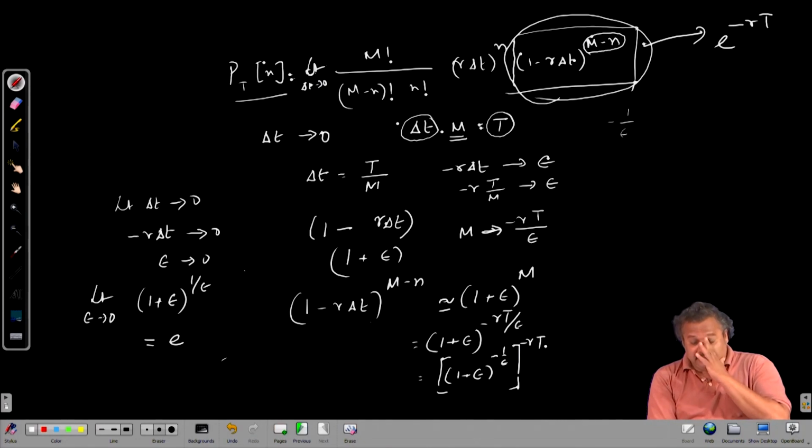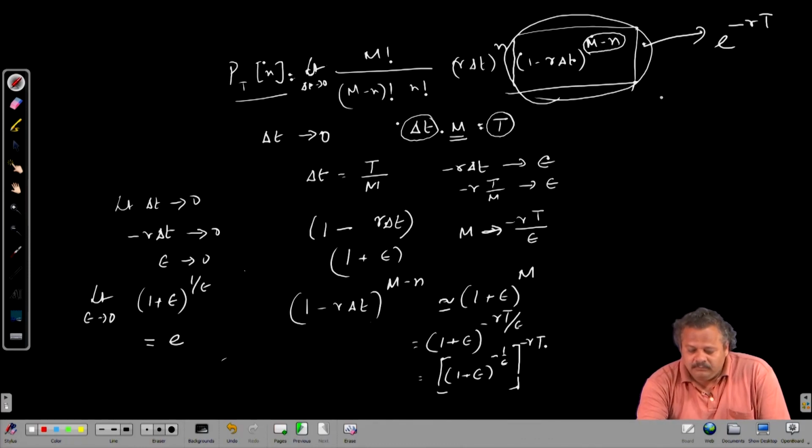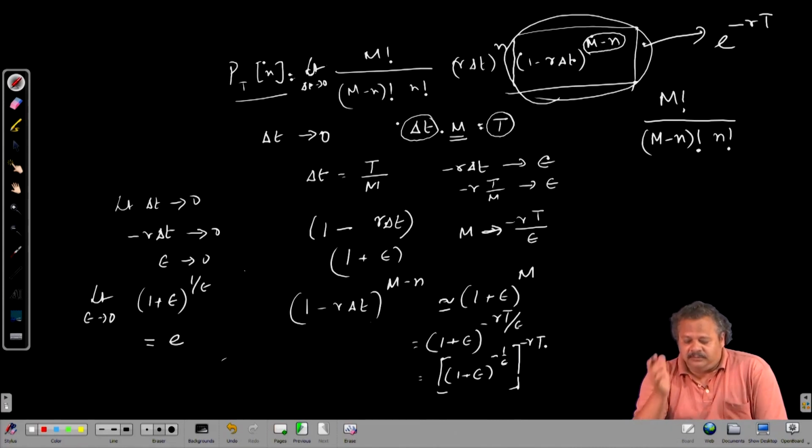Now, if we consider the rest of the expression, that is m choose n and (r delta t) to the power n, we have m factorial divided by m minus n factorial and n factorial.